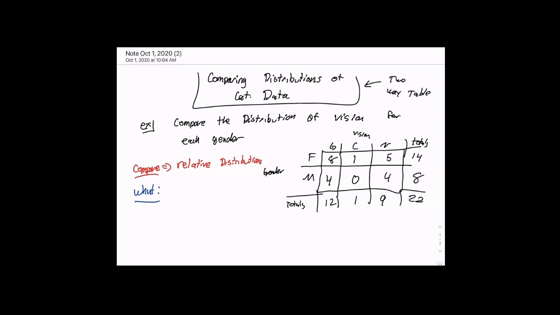What is the question that we want to break down? When I say the what, I'm referring to the variable. What is the question that is being asked? So there's two questions here.